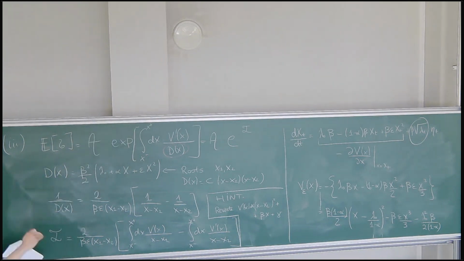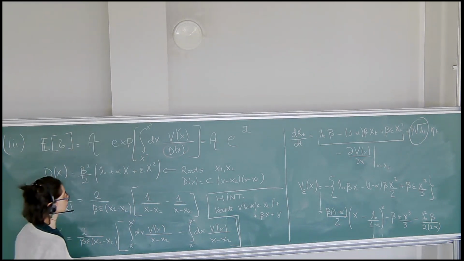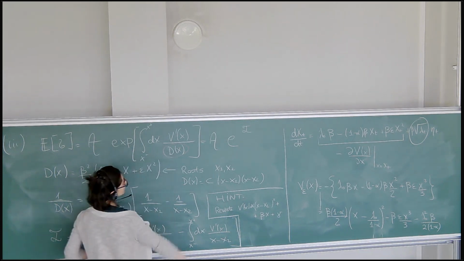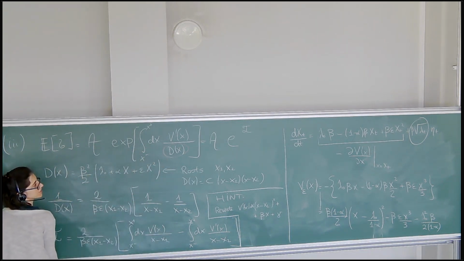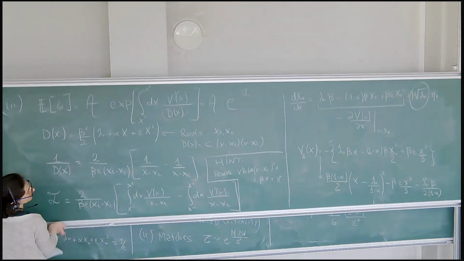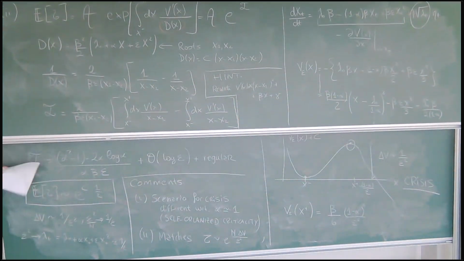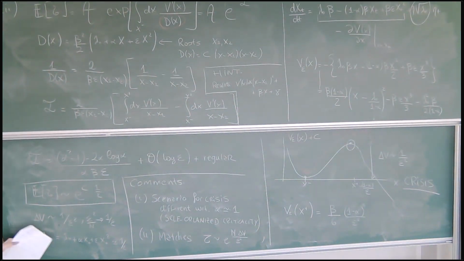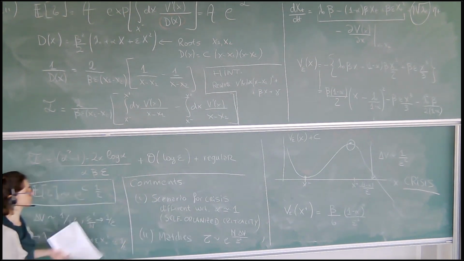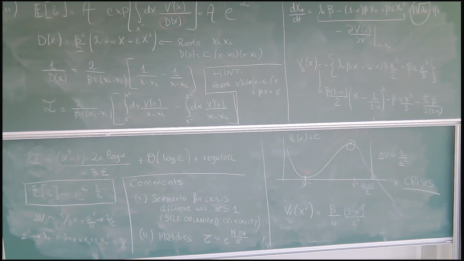So that will be the barrier divided by d, if d was constant. Now here d is non-constant, so you have to go through all of the integration, which depends on x, but you somehow recover the scaling if you just compute d precisely at the point which corresponds to your barrier. And so you see that you have an expression which matches with what we know from the lecture.